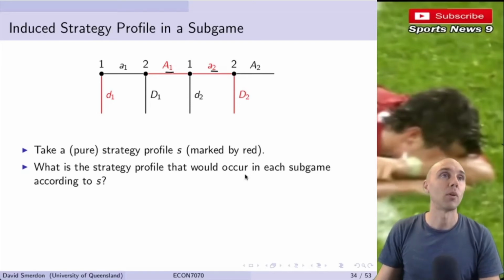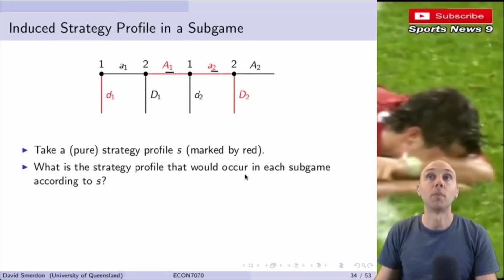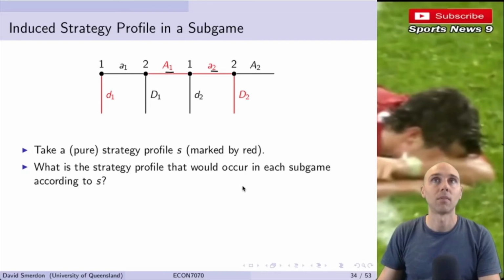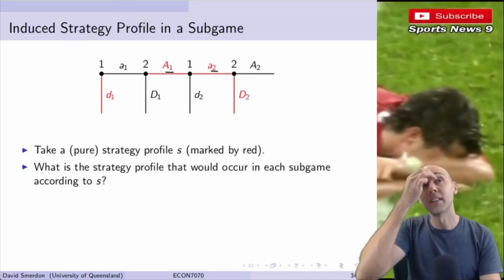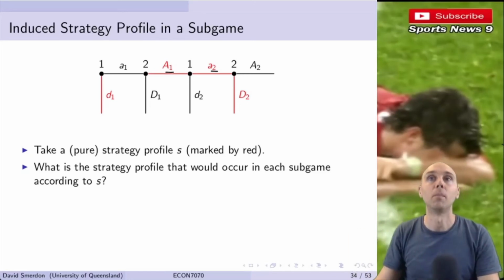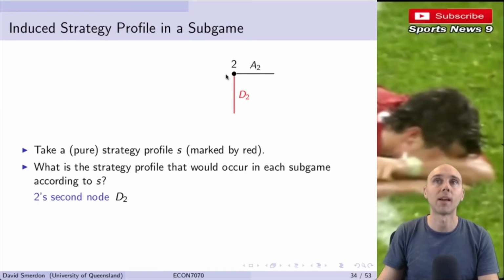So let's consider what the strategy profile would be in each subgame under this strategy profile S. So let's find the smallest mini tree that we can find. We'll go to the last node and we'll chop the game off there. So when we chop that off, we end up with just 2 leaves at the end. And here there is only one strategy that exists. It's for player 2 playing the action D2.